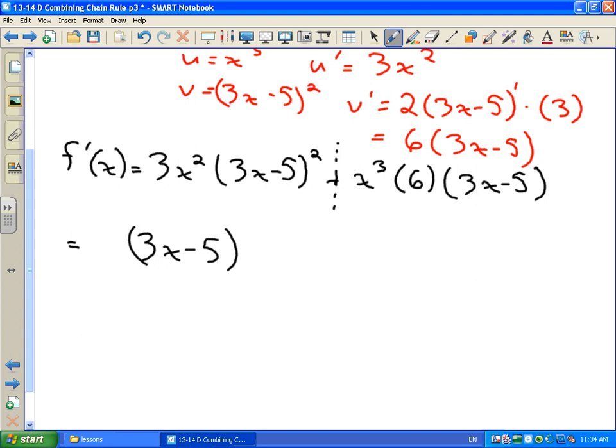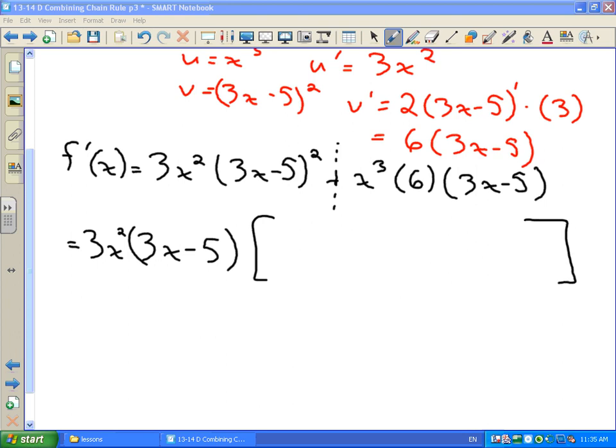Okay, and when we go to factor that 3x minus 5, we're looking for the lowest power of that binomial. Is there anything else that is common to those two terms that we can factor out? Factor out a 3 for sure. We can factor out x. In fact, we can factor out an x squared. So we can factor out 3x squared from both of them.